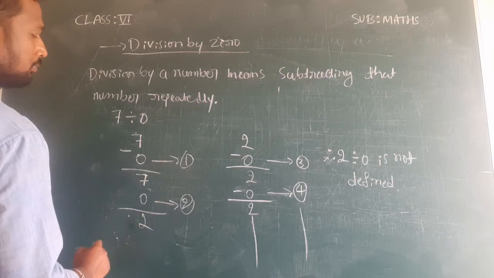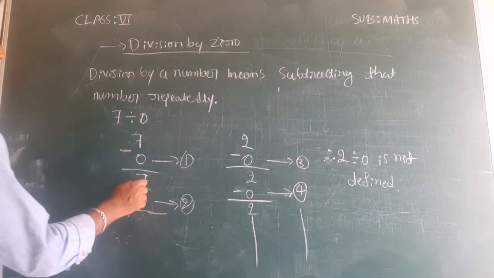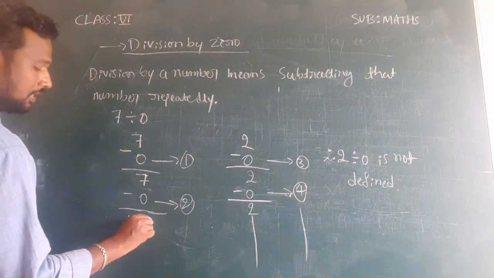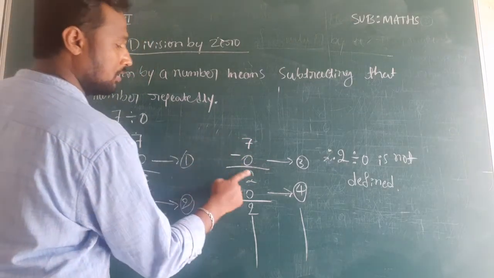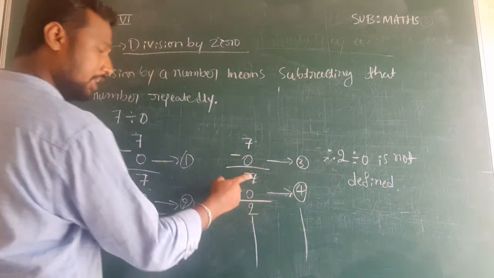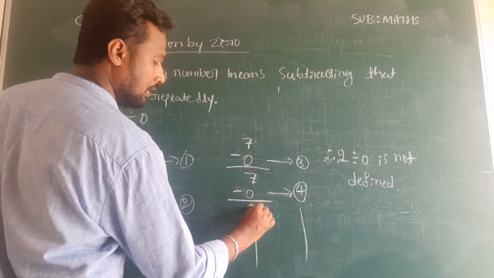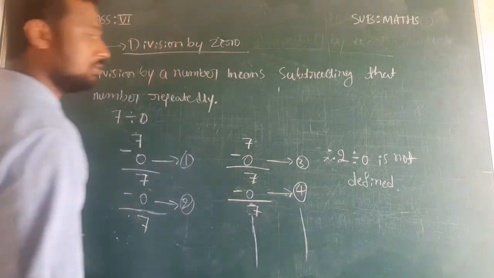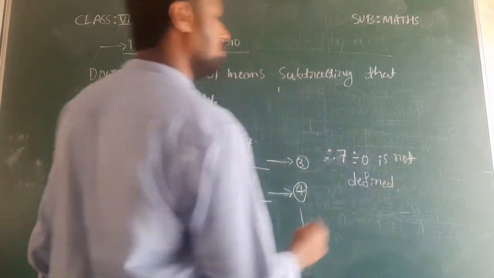This is the first time we subtracted, and the second time I am subtracting 7 minus 0. What you get? 7. So 7 minus 0 means 7 again. Again I will subtract 7 minus 0, which means 7. Like this it continues.